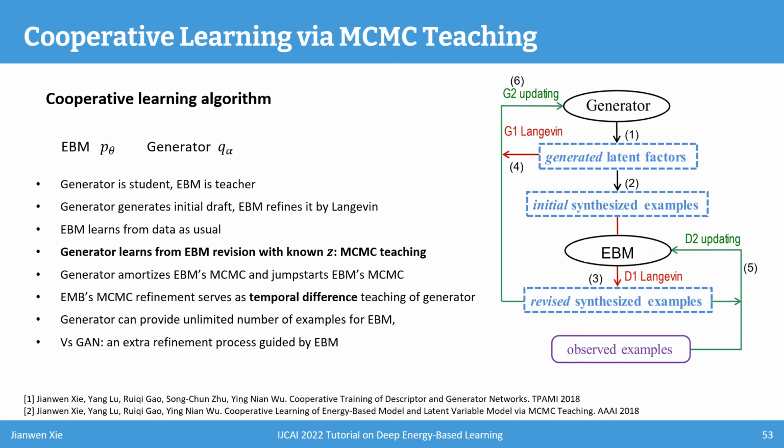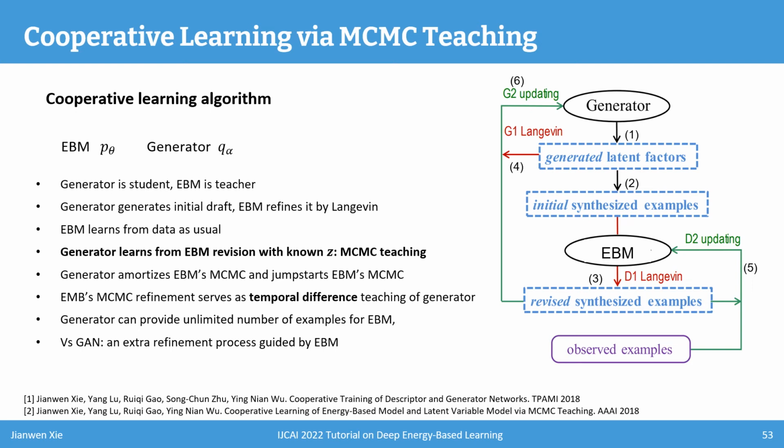However, the generator knows the value of the latent factors that generate each initial synthesized example, and thus it essentially knows the latent factors when learning from the revised synthesized examples. By reconstructing the revised synthesized examples, the generator traces and accumulates the Langevin revision made by the EBM. This cooperation is beneficial to the generator by relieving it of the burden of inferring the latent factors.